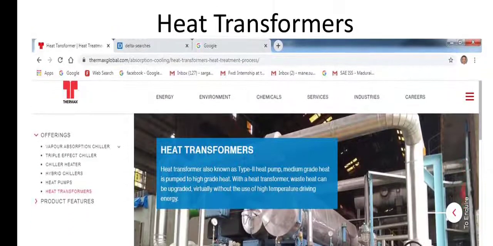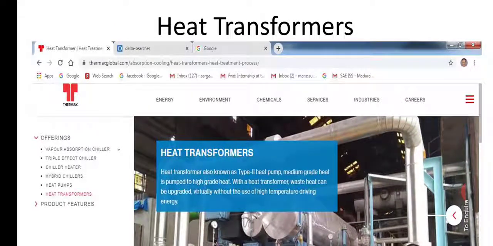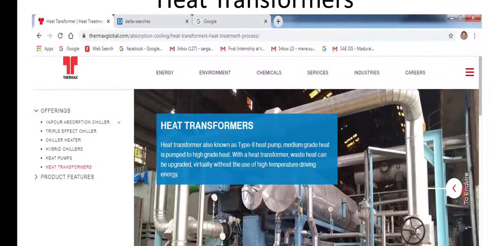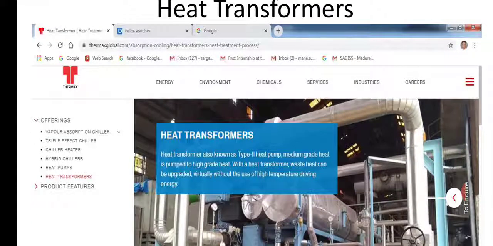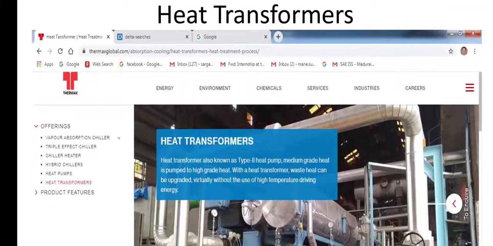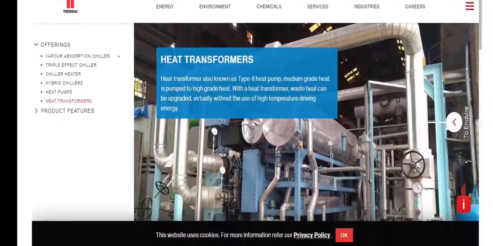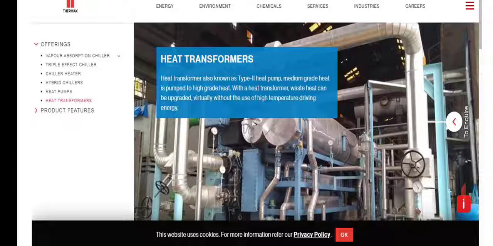Then one more term I think you might not have studied, the heat transformers. Like you have seen the distribution transformers outside on the roads, they step up or step down voltages. Similarly, heat transformers are used because, as you know, the higher the temperature, the better the grade of energy.